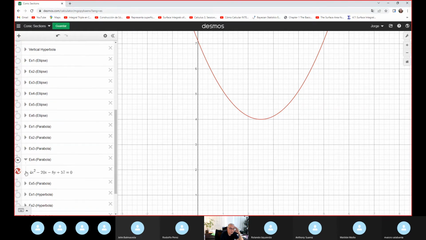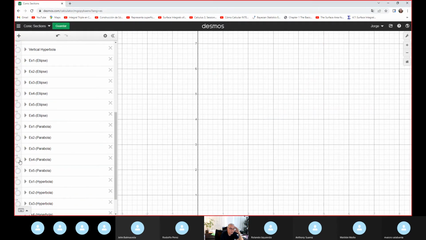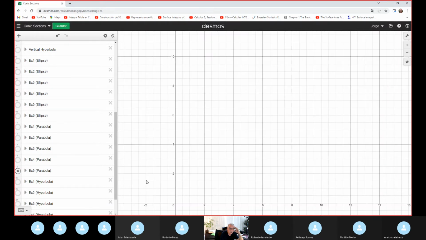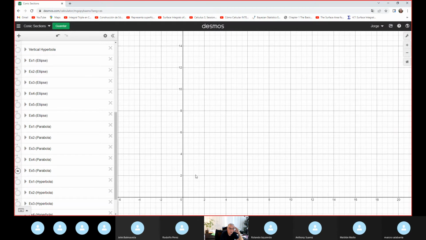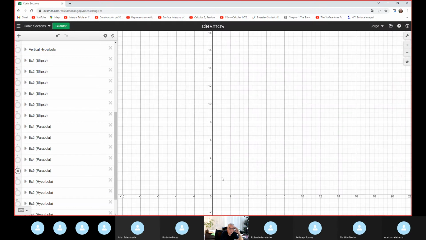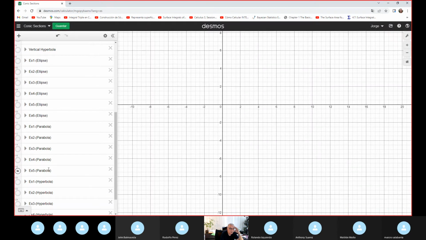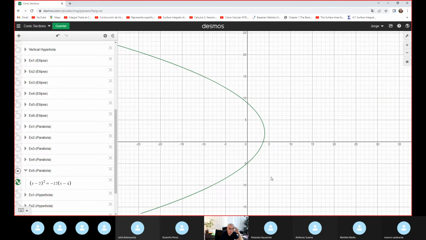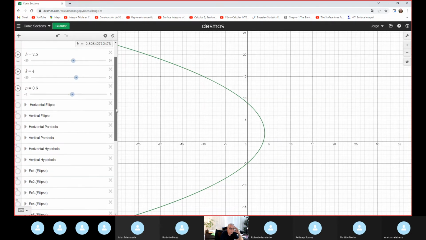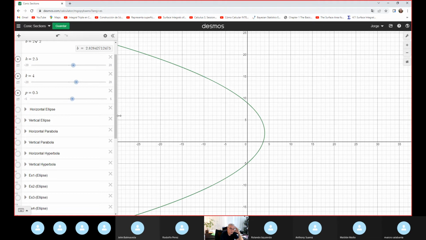We are doing example 5 of the parabola. Let me see. What is this? I need to select inside. Okay, this is my parabola in green color. However, to verify the point, I put p as -3.